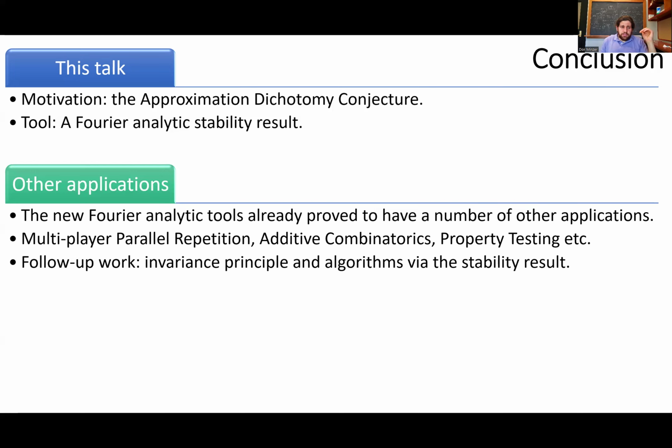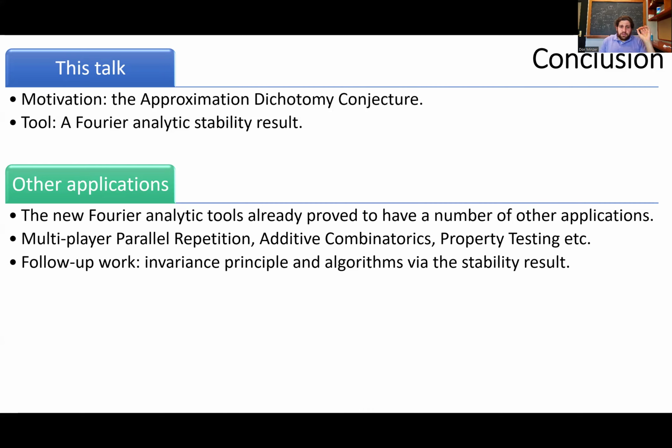I didn't have too much time today, but let me tell you that these results have many other applications. For example, we managed to use this stability result in multiplayer parallel repetition, in additive combinatorics, in property testing, and even more.